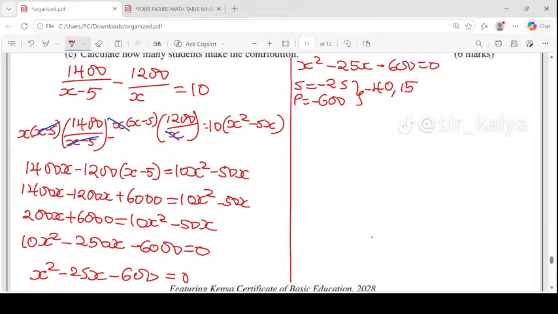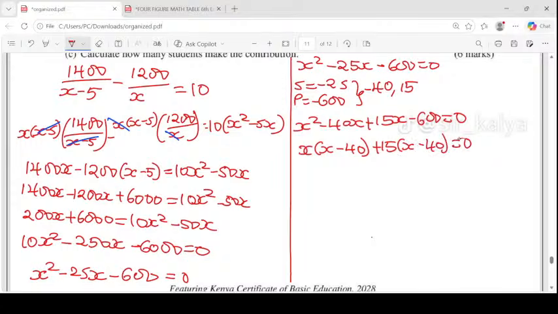So this can be x squared minus 40x plus 15x minus 600 is equal to 0. So this will be x into x minus 40, then plus 15 into x minus 40 is equal to 0.